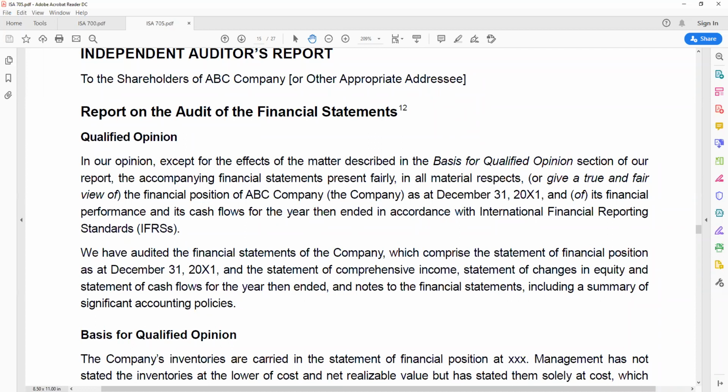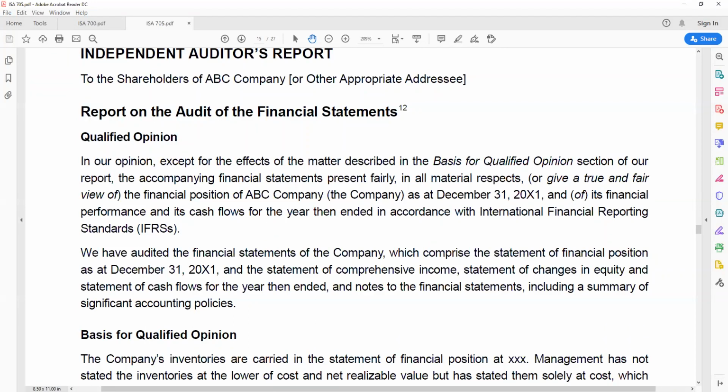So all the other areas, all the financial statements of the company, are okay. They give a true and fair view. However, we cannot give an opinion on the inventory. So you're giving what we call an exception: except for the effects of the matter described in the basis of the opinion.